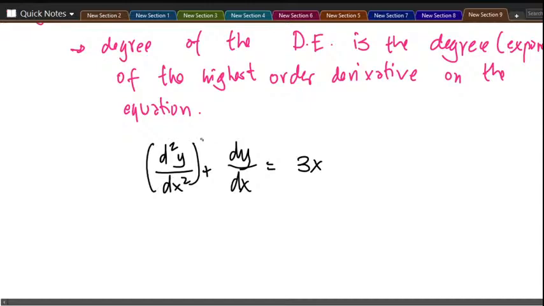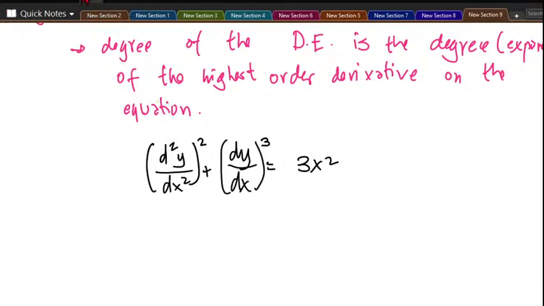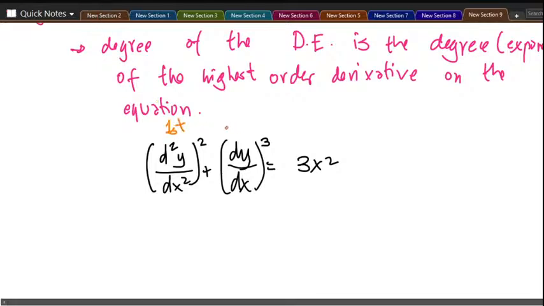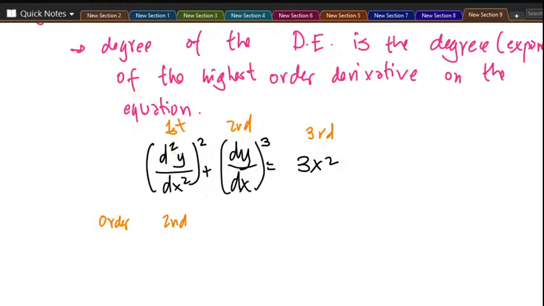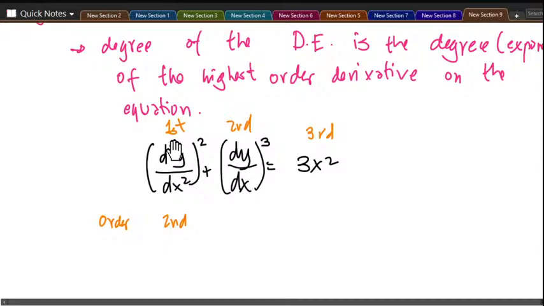So we'll put here the exponent. This is now our given differential equation. Again, we have three terms for this differential equation: the first, the second, and the third. The order of the first term is second, so this superscript here is the indication that the order is second.